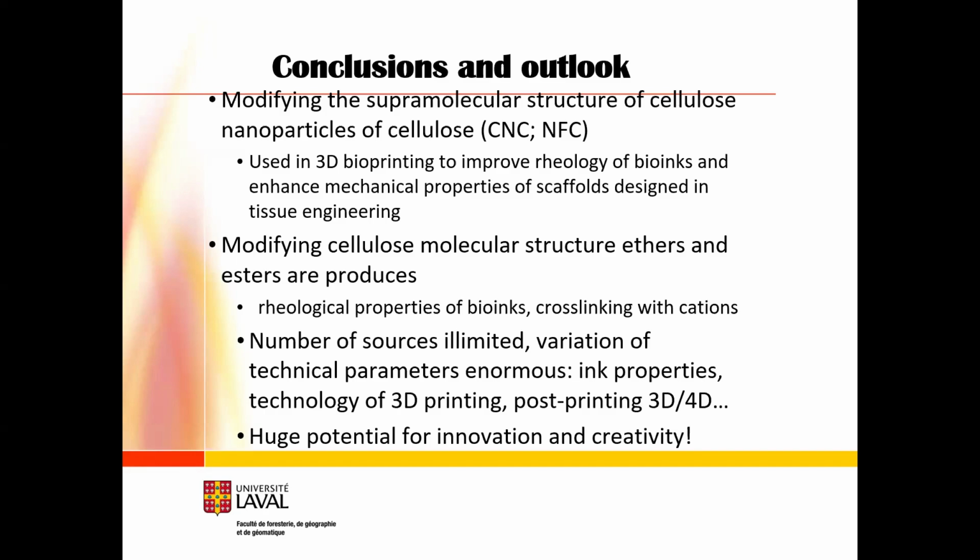I didn't speak much about esters, but they can be used in their own right for all cellulose materials, while using, for instance, acetates, which are solids. We can see that modifying, a number of sources are really unlimited.